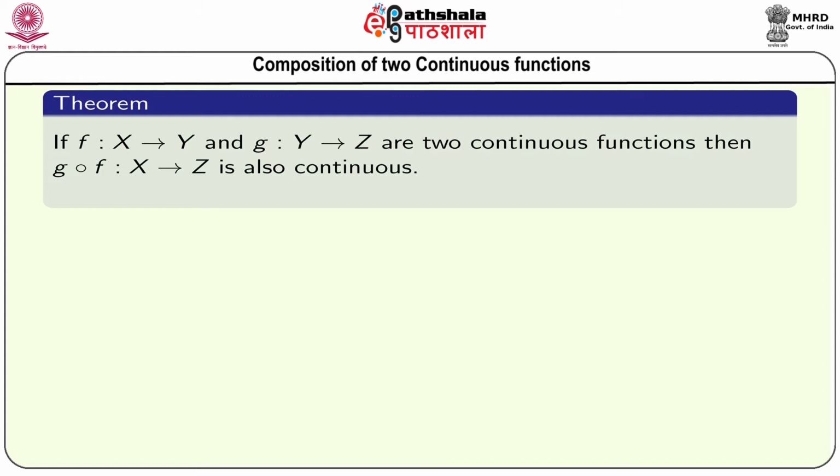Now, we prove a simple result: if f is a continuous function from X to Y and g is a continuous function from Y to Z, then the composite function, that is g composed with f, which is from X to Z, is also continuous.